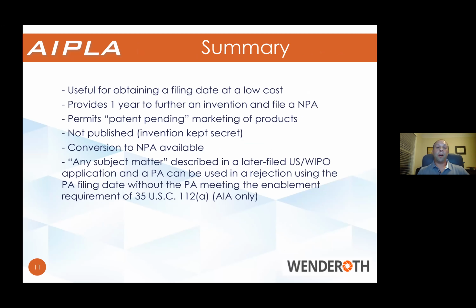It gives an applicant 1 year to further the invention with a non-provisional. They can add subject matter in the non-provisional and then claim priority. You can use the provisional as a patent pending for marketing products. The provisional is not published, so the invention can be kept secret.